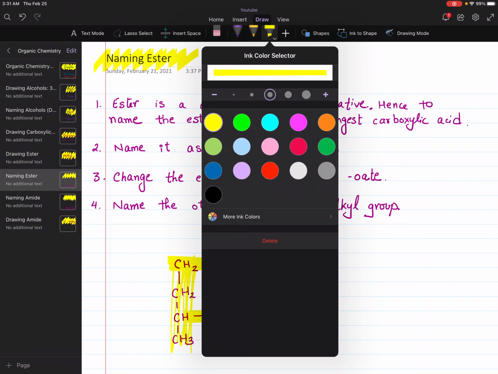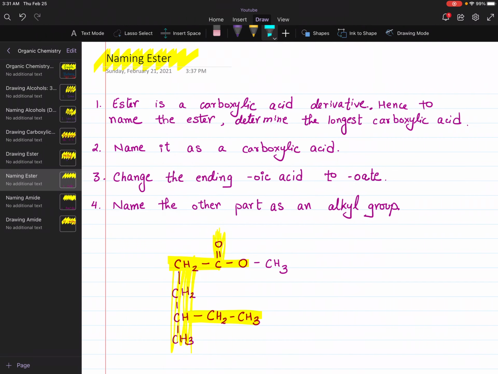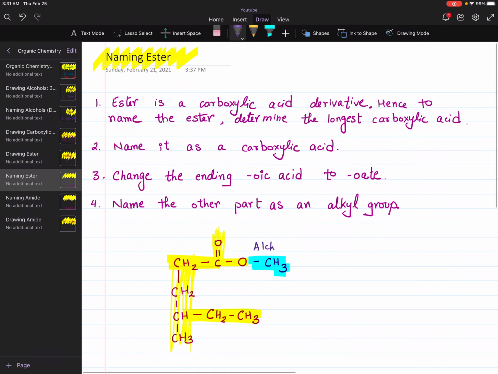And the other part we have on the right hand side, this piece is coming from the alcohol. Okay, so this piece is coming from the alcohol, and this one is coming from the carboxylic acid. And I'm going to write C acid for carboxylic acid for short. And so now we have the two components.